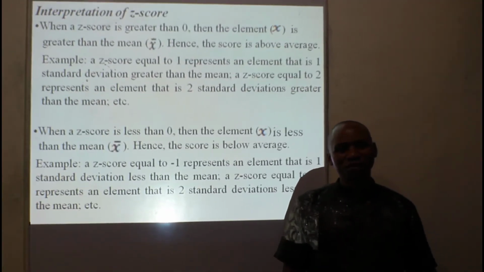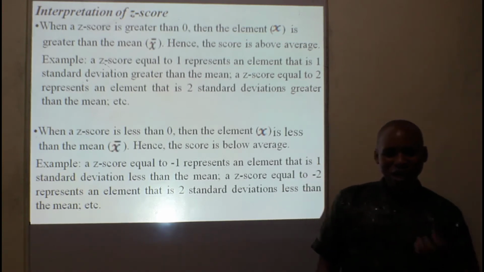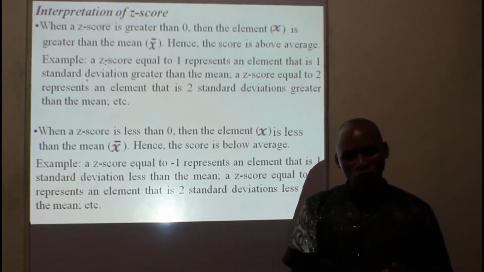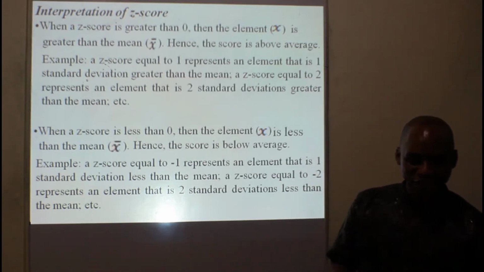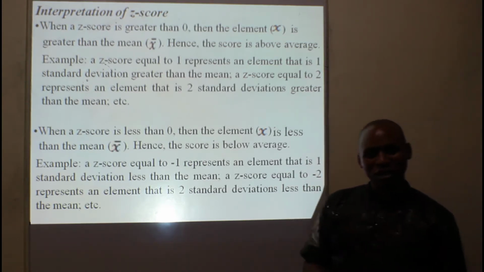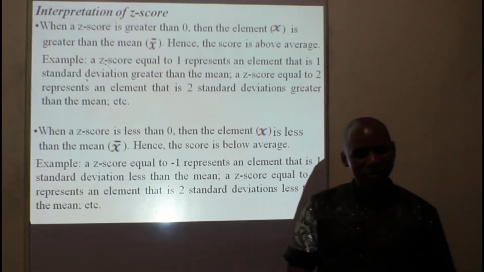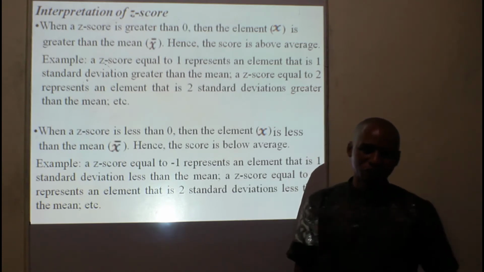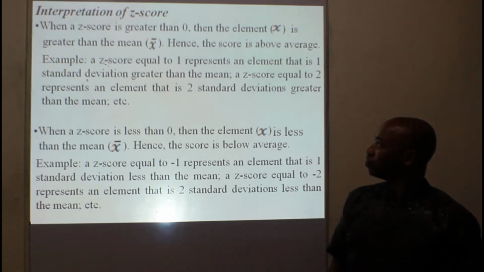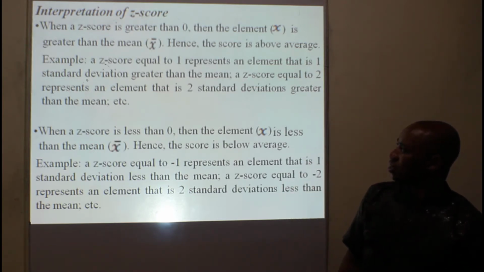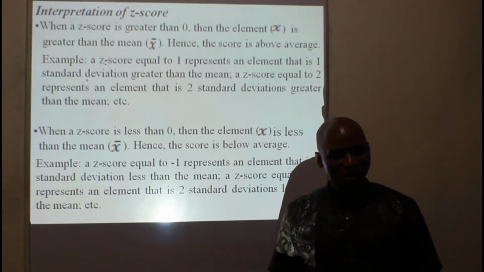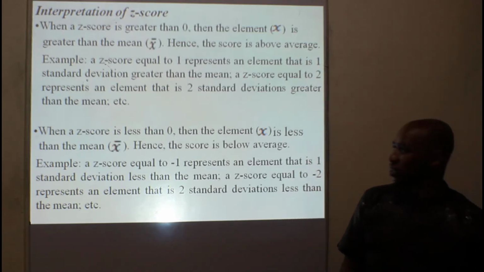What it means is that in reality, the element whose relative standing we are to determine is an element or is a score which is above or greater than the mean, or which is above an average. Example, let's say you organize a quiz for your students, and at the end of the day you had a z-score of 1.